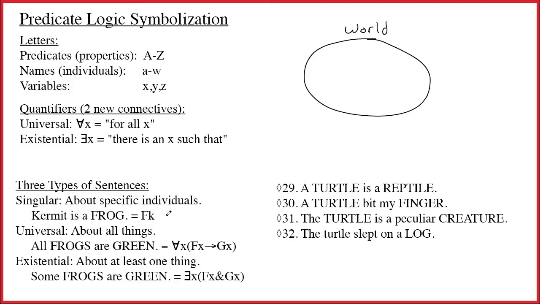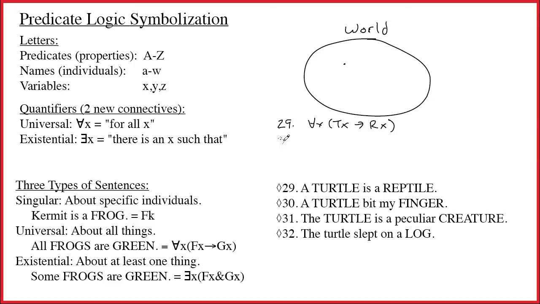Or is it talking about some specific turtle that you could point at and say, well, see, it's that one right there. A turtle is a reptile. It's really talking about all turtles, right? And so 29 would just be symbolized for all x, if Tx, then Rx. For all x, if x is a turtle, then x is a reptile. A turtle is a reptile.